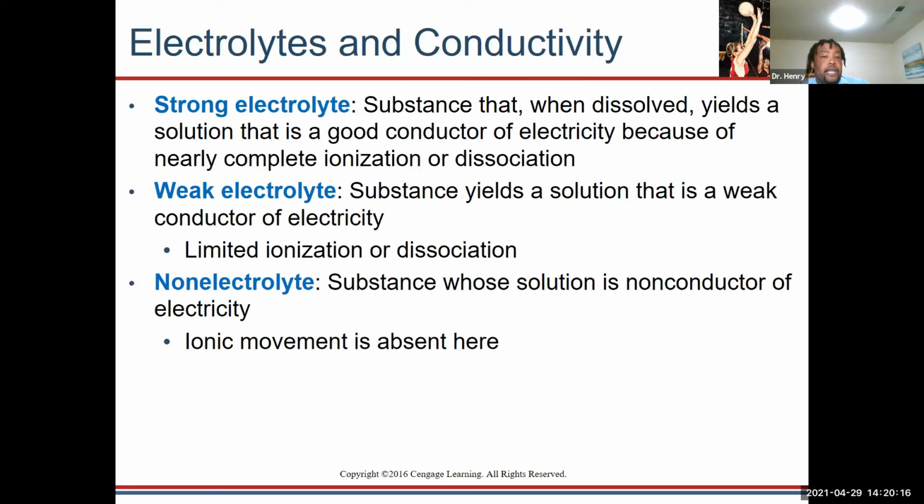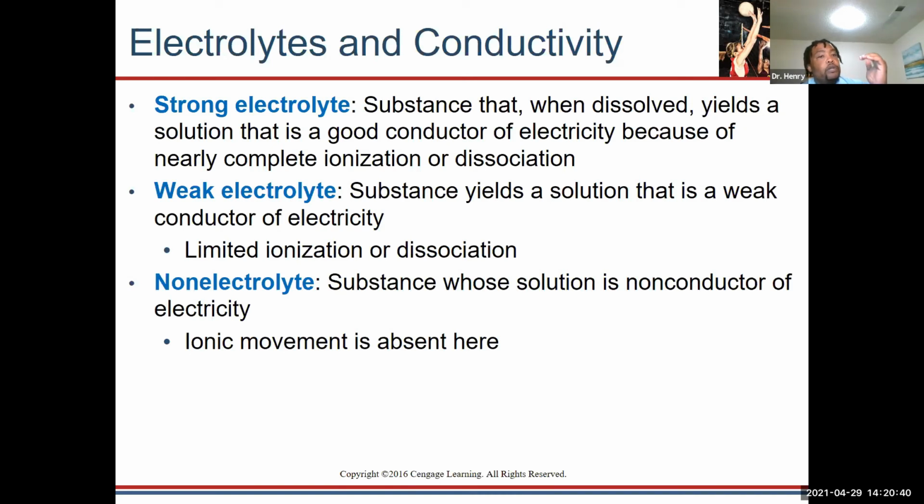A weak electrolyte only dissolves a little bit, or dissociates a little bit, or ionizes a little bit, okay? And a non-electrolyte doesn't ionize at all, okay? So it's completely neutral.